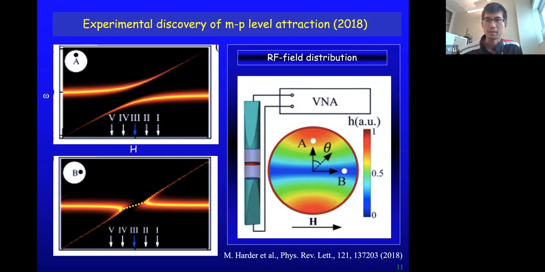So the second part I can understand. But for the first part, I'm curious what you think is the main mechanism for this dissipative coupling? Because if you place the YIG sphere in a cavity at a point where there is no coupling to the cavity mode, where does the dissipative coupling come from?